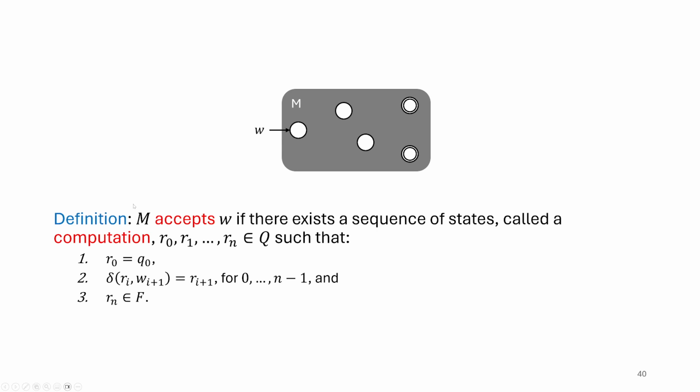And that sequence of states here, I've changed them to be labeled with R instead of Q because I don't want us to confuse ourselves. Q is usually the actual names of these states, like this might be Q0, this is Q1, this is Q2, Q3, and Q4, whereas R0, R1 is more of a sequence of these states. We might start at Q0 and then go to Q1, but then we might go back to Q0 and so on. So I didn't want to use the Qs as my labels here to confuse us.